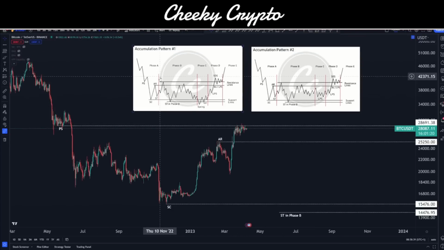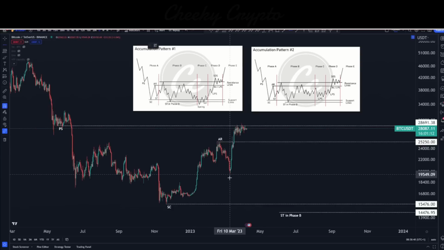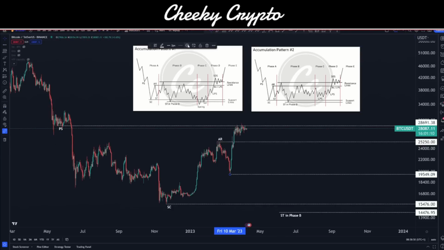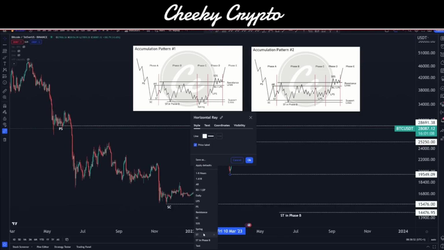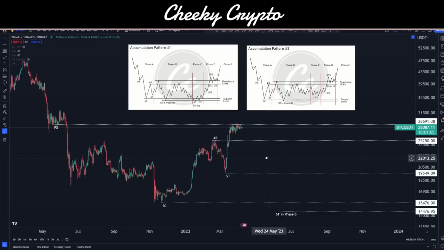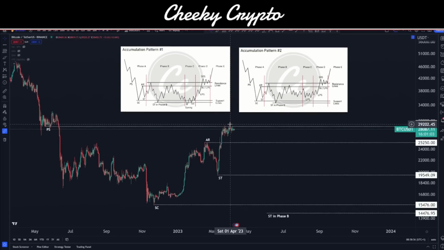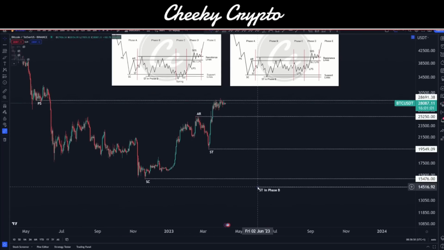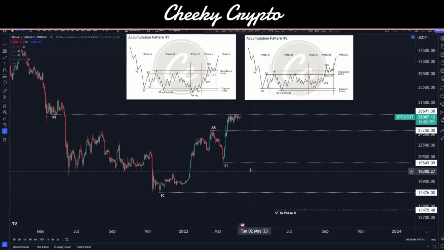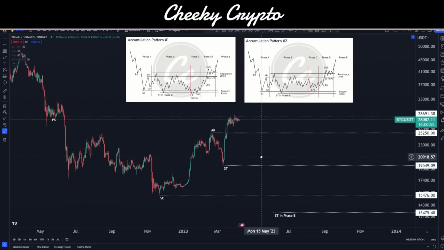There we go. So we are basically just up at this resistance line at the top after a secondary test. Let me draw that in down here. And this one would be a secondary test of phase A. That basically means that we are now in phase B, yet to actually see the secondary test in phase B. That's the only other way I can see of getting a Wyckoff accumulation pattern to work.